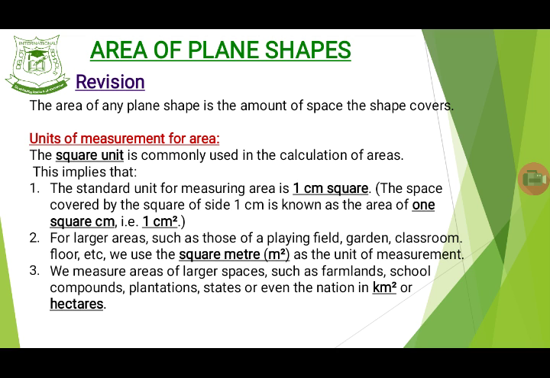You can't be using centimeters to measure a larger area, so you make use of meters, the meter rule. And then for even larger areas like farmlands, your school compound, plantations, a state, or even a whole country, you need to measure using square kilometers or hectares. As you can see, those are the 3 ways.